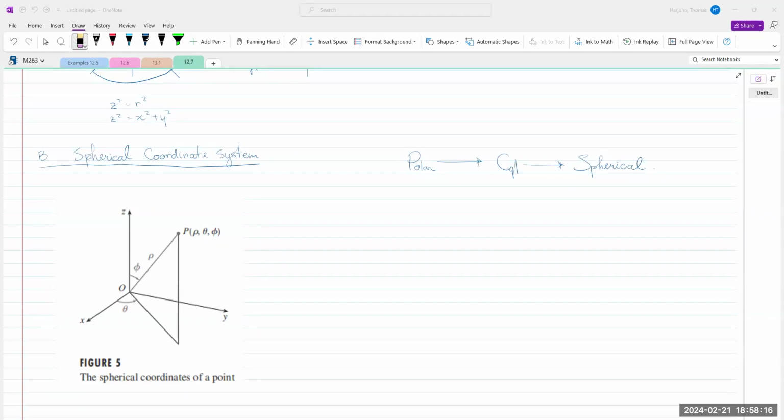Now, you will see at least rho is actually the direct distance. Suppose you have coordinate P in x, y, z here. Then your rho will be the square root of x squared plus y squared plus z squared.